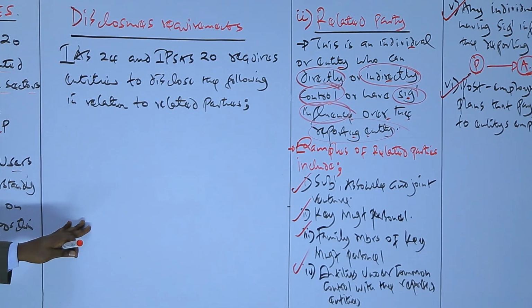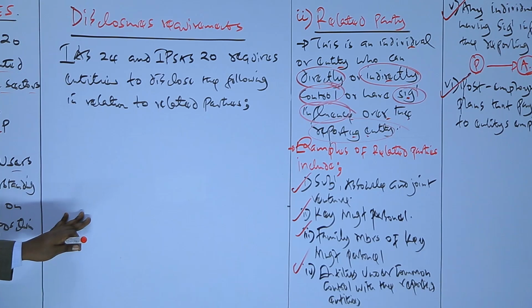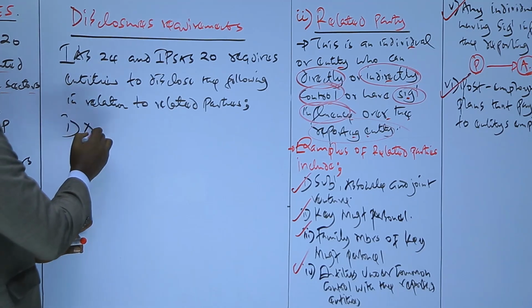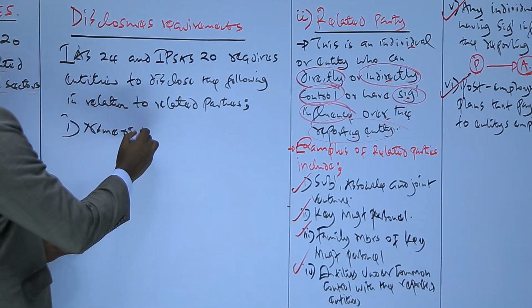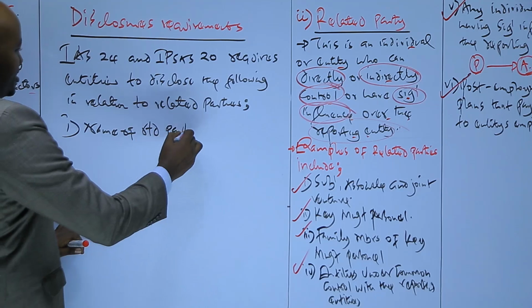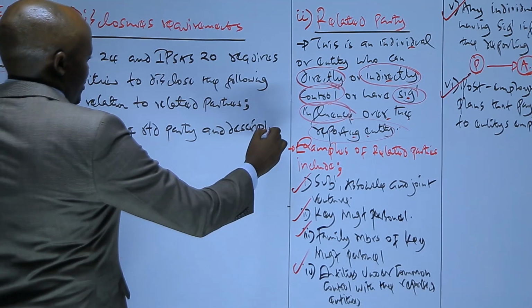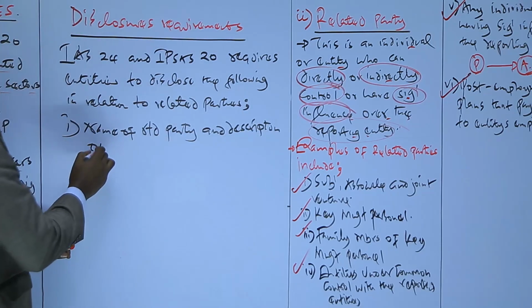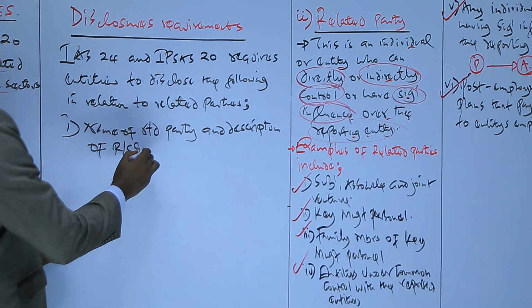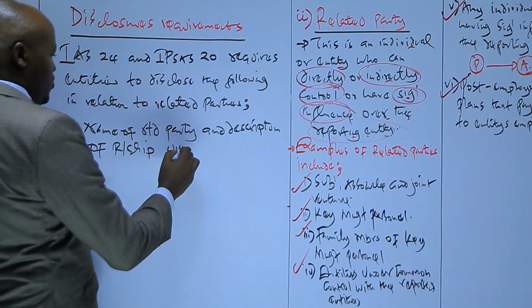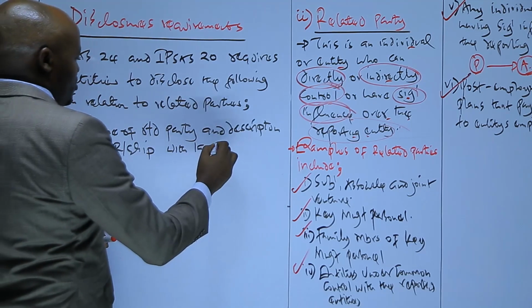The first information these entities are required to disclose is the name of the related party and the description of the relationship with the reporting entity.